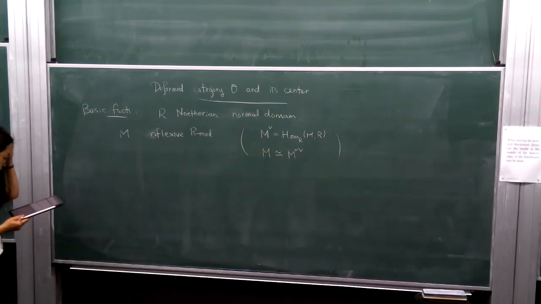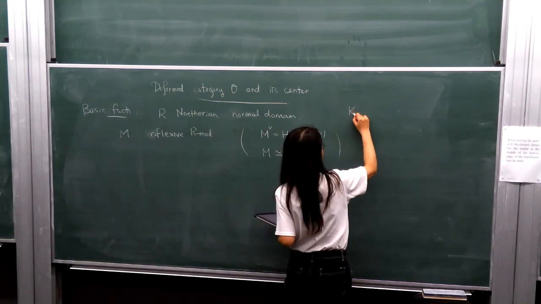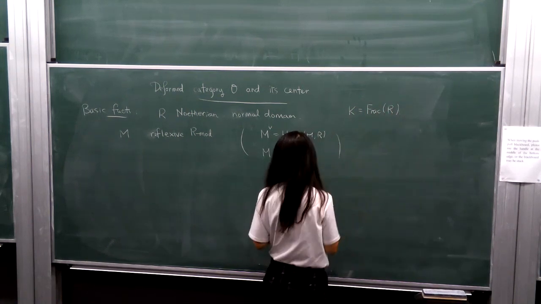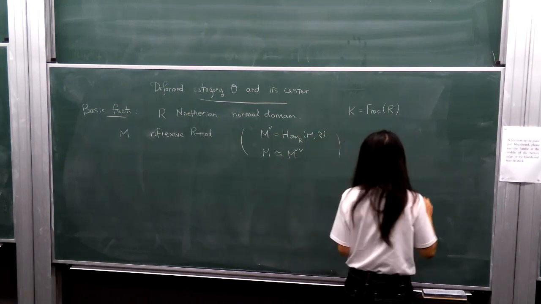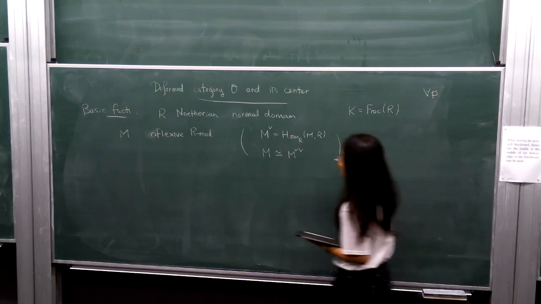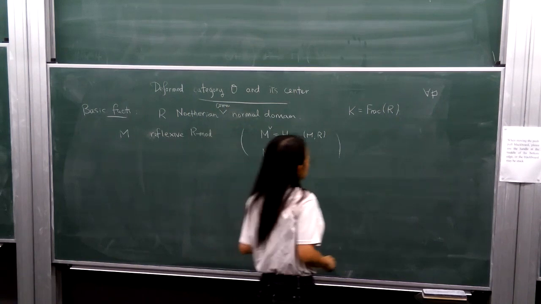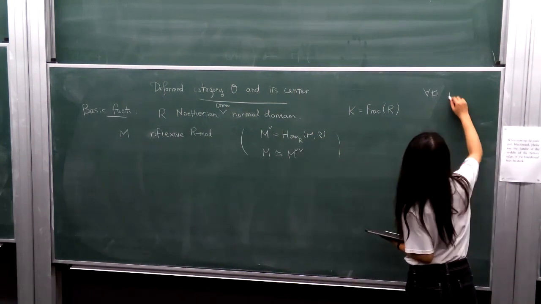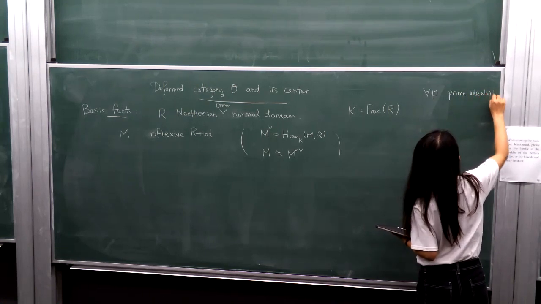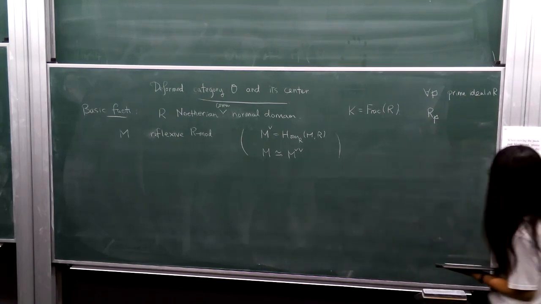So when you have a module with this property, then you can realize it in the following way. Let K be the fraction field of R, and for any prime ideal P in R, R commutative, yes, let R_P be the corresponding localization.